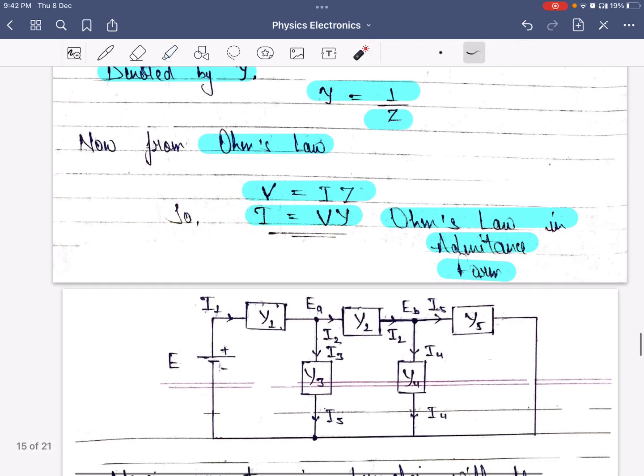Now, what we are going to do in node analysis theorem is that we have electric source E, admittances Y1, Y2, Y3, Y4, and Y5. We are going to apply KCL at node A and node B and find the electric potential. After that, we are going to apply Ohm's law in admittance form to find the current in every branch of the electric circuit.